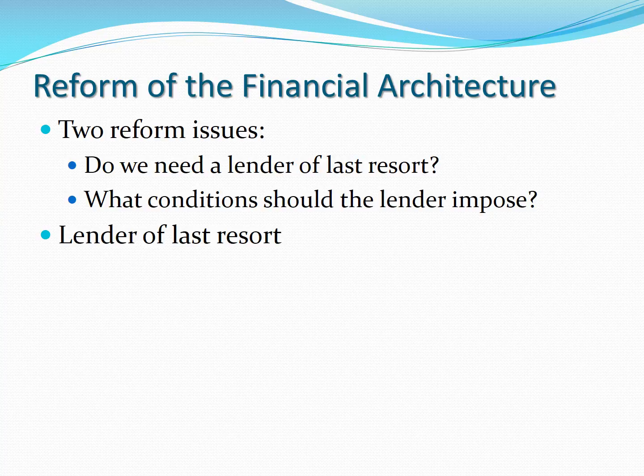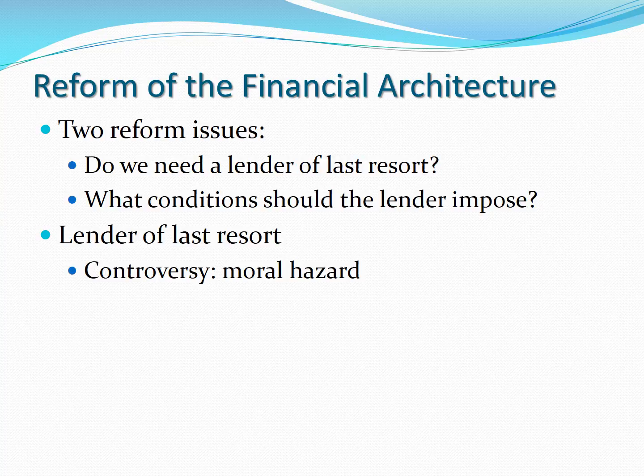So the first issue here, this lender of last resort, well, we talked about the main problem, and that's moral hazard. If we have a lender of last resort, people know one exists, they may take risks, they may hide the risks that they're taking, and that's by definition moral hazard.